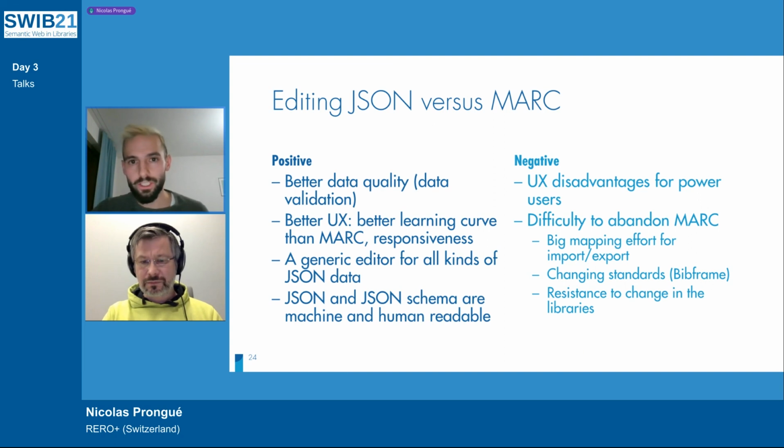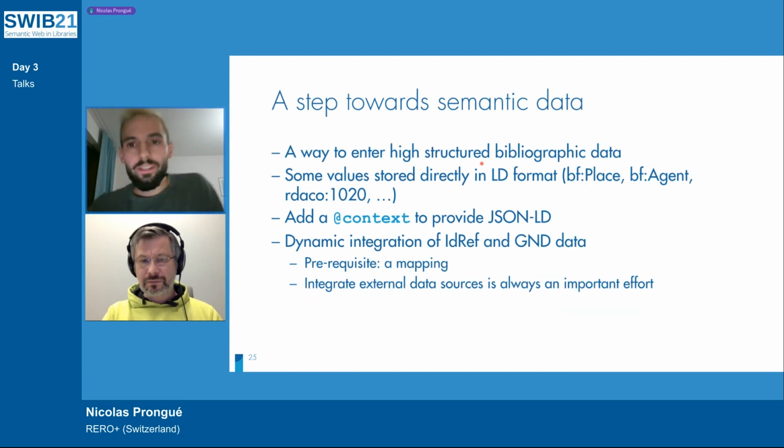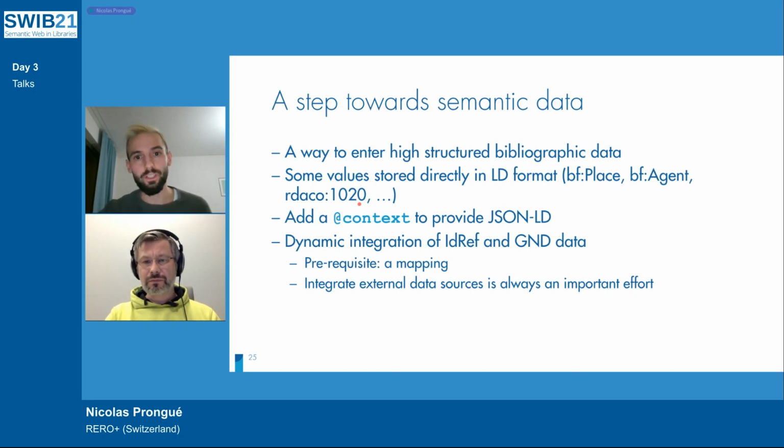I'm almost finished. Why is this important for semantic data? Firstly, because we can enter highly structured bibliographic data, which is not the case with MARC. We store values directly in linked data format. So if you open the JSON data, you can see some Bibframe and RDA values.